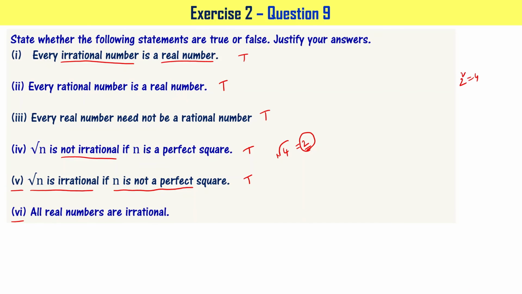Is it true? No. The reason for this is some of the real numbers are rational numbers, right? All real numbers cannot be irrational because some of the real numbers are rational. Got it?